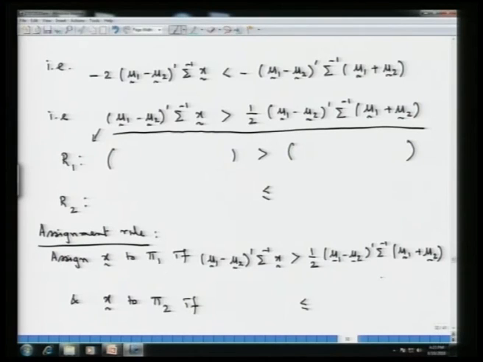Now, this is the same rule as what we had obtained earlier using the Fisher linear discriminant function.